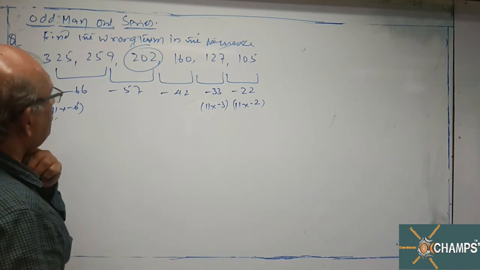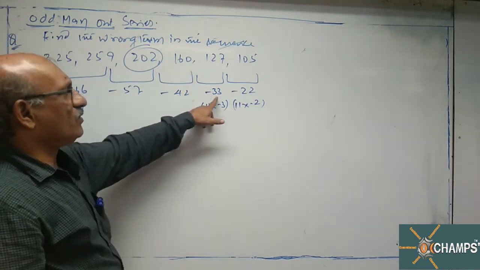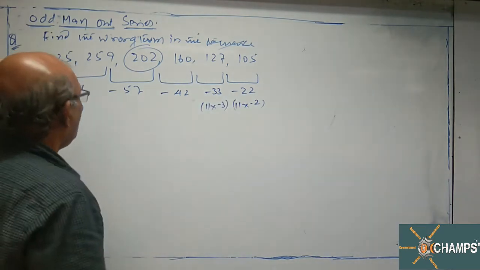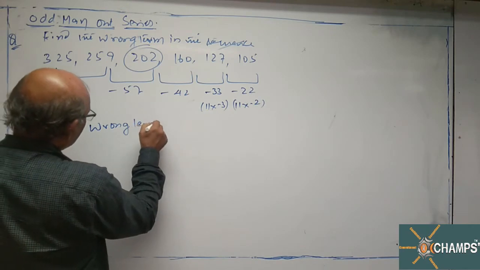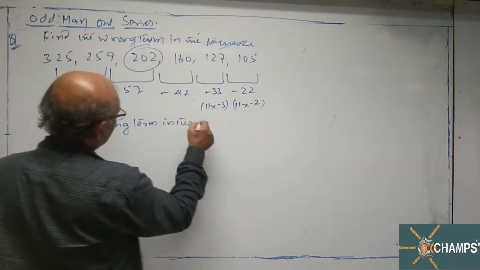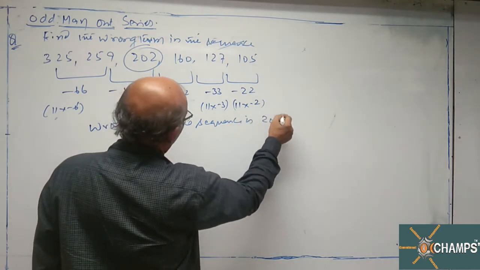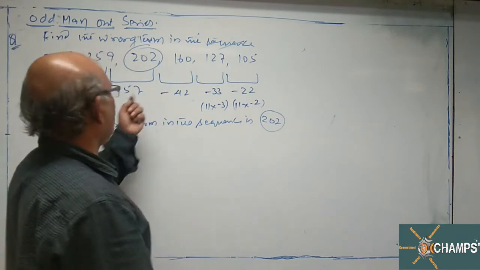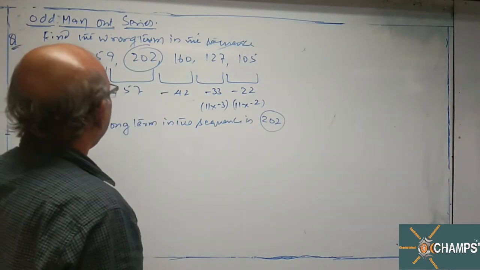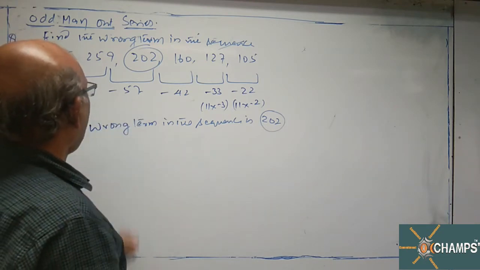Then I'll get this value multiple of 5. Then I'll get 44, 33, 22. Therefore the wrong term in the sequence is 202, sir. It should be replaced with some other number so that I'll get this difference as 55. This I have to get 50.